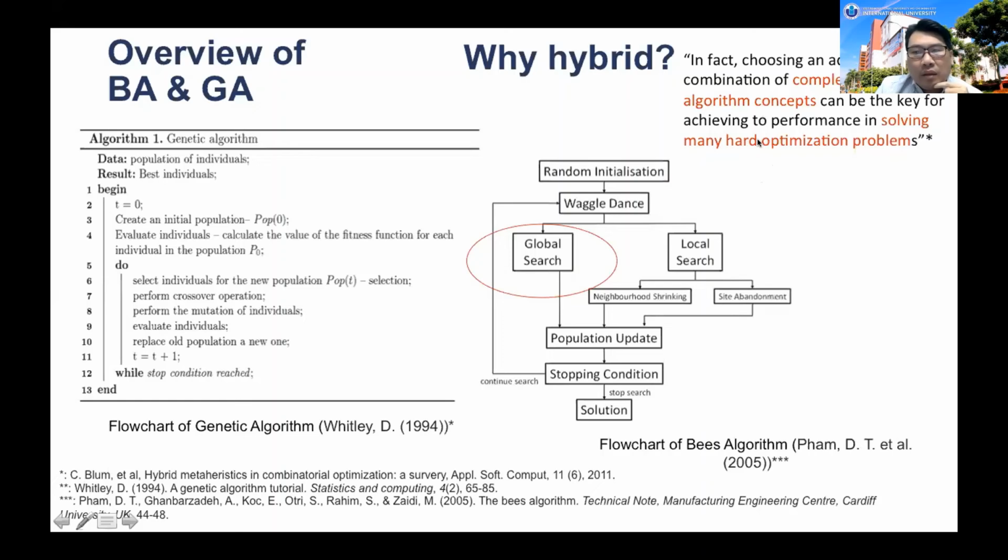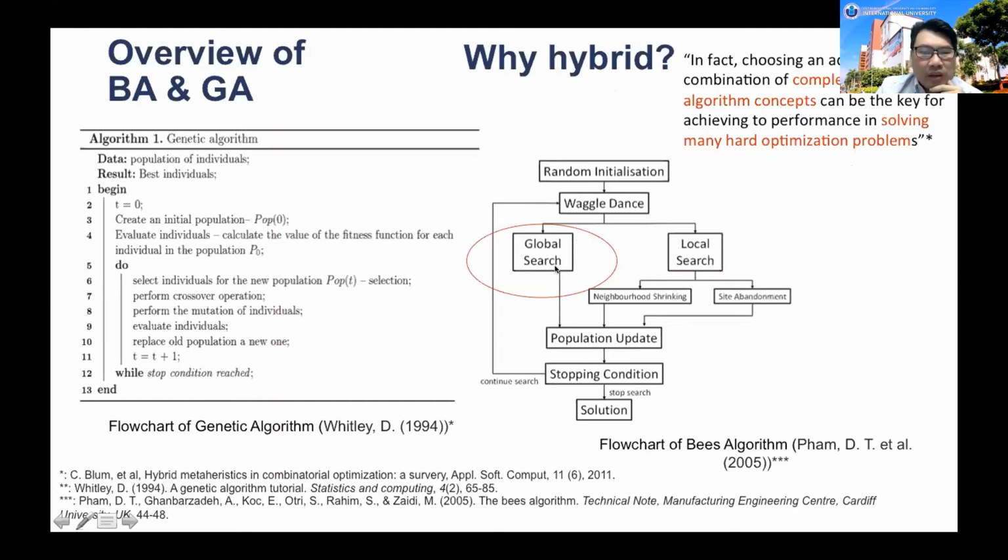He said that if you can choose a combination of complementary algorithm concepts, you can solve many hard optimization problems, and in manufacturing there are many NP-hard optimization problems. That is also my motivation for choosing a hybrid.